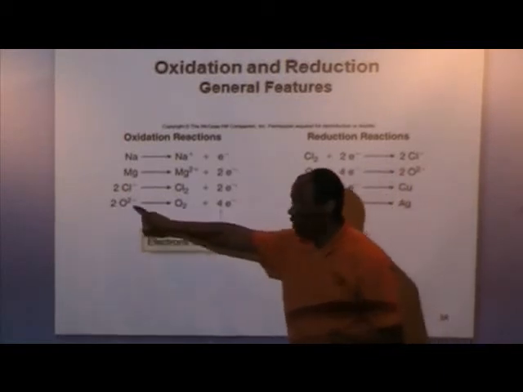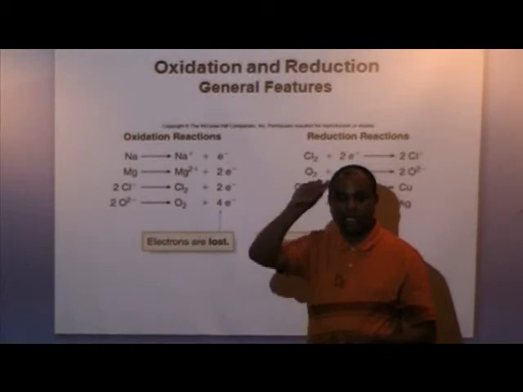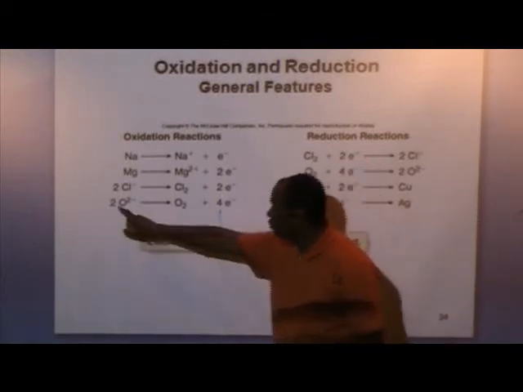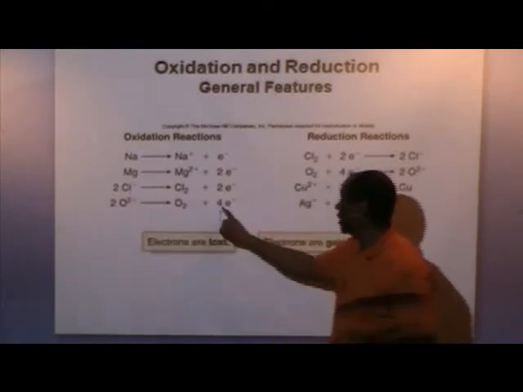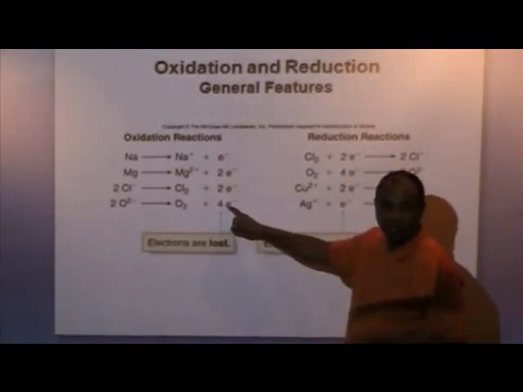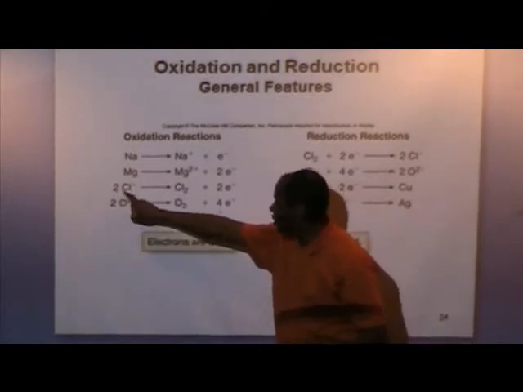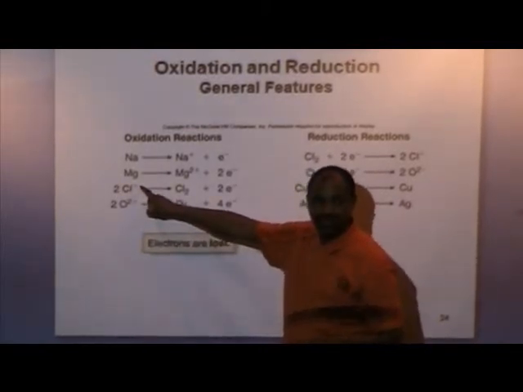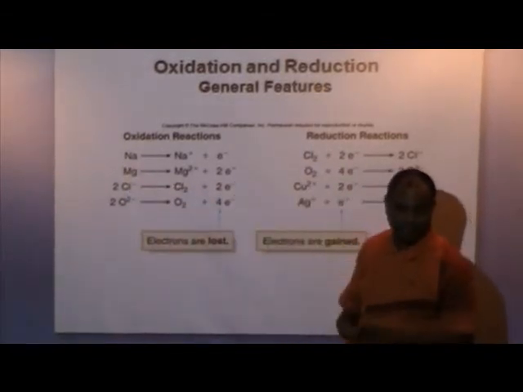Okay? Oxygen, one single oxygen has a minus 2 charge, but you have 2 oxygen, times 2, it has to lose 4 electrons. 2, the coefficient times subscript. No subscript, so that's why you have only 2 here.